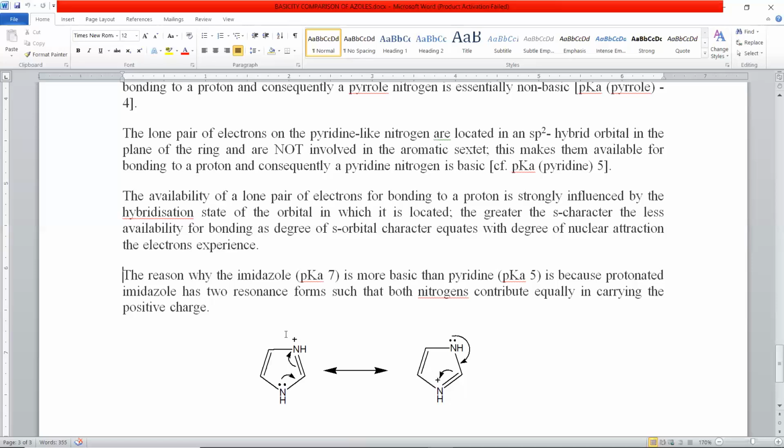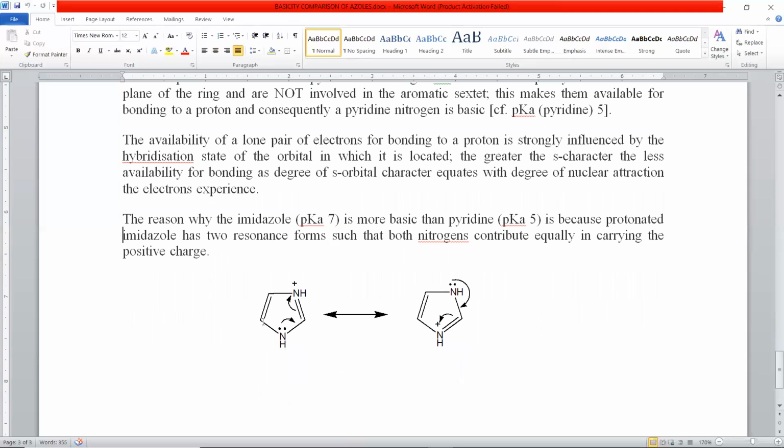In imidazole, we can protonate the pyridine type of nitrogen. It forms protonated imidazole and it is in resonance because the two nitrogen atoms are in conjugation. Therefore, a resonance structure is possible here in the case of imidazole. So the protonated imidazole is stabilized by resonance and the positive charge is present equally on this nitrogen atom and this nitrogen atom. Therefore, imidazole becomes more basic than pyridine.